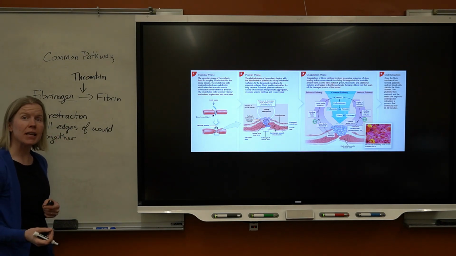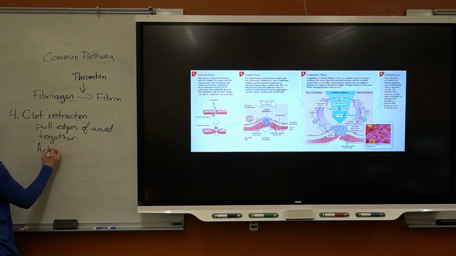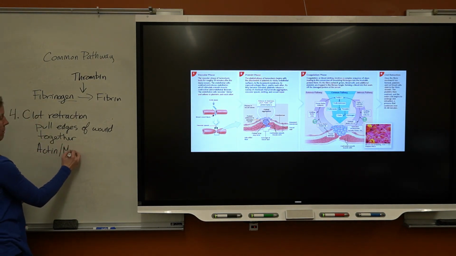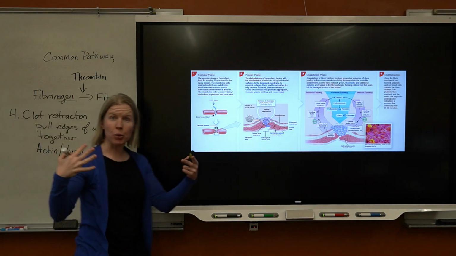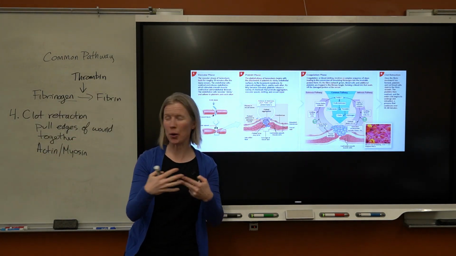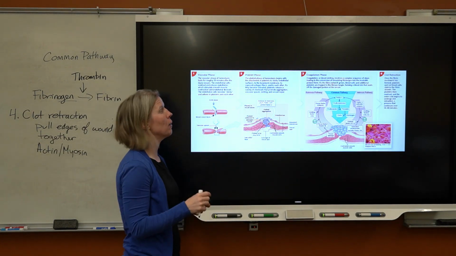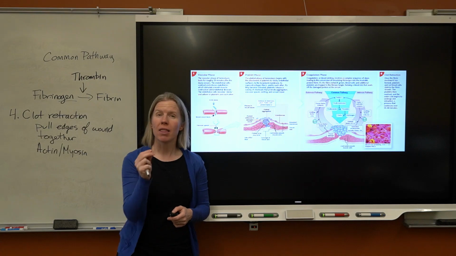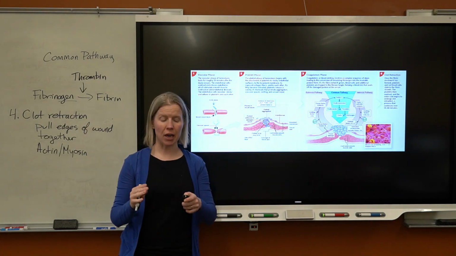And this is because they contain the proteins actin and myosin. So just like in skeletal muscle, you have actin-myosin cross-bridging to pull, to shorten the sarcomere. That's what we're seeing here in platelets to retract the wound. Okay, that is the end of this actual hemostasis, stopping of bleeding.